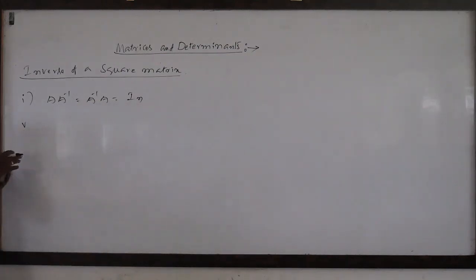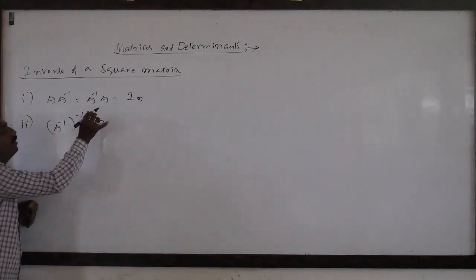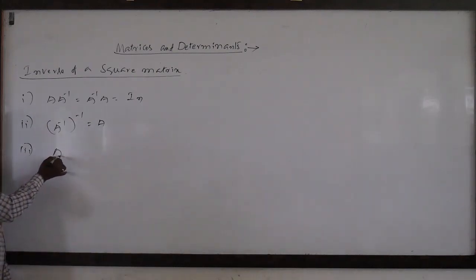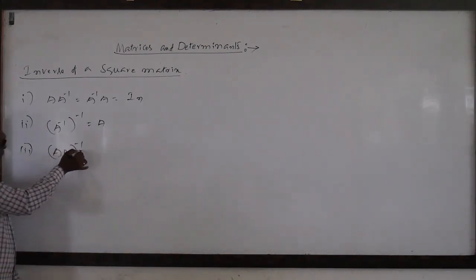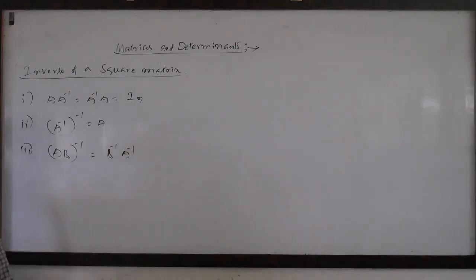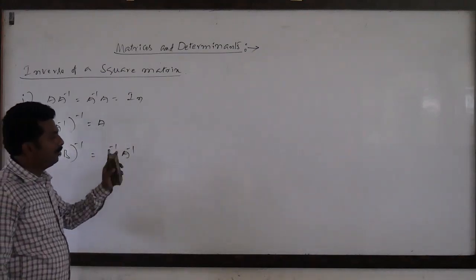Second, if we take A inverse whole inverse, it is A itself. Then the third property: AB whole inverse equals B inverse into A inverse.